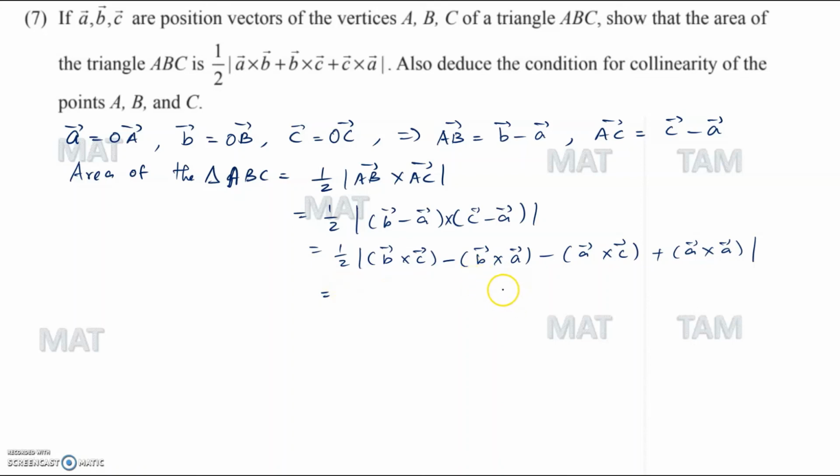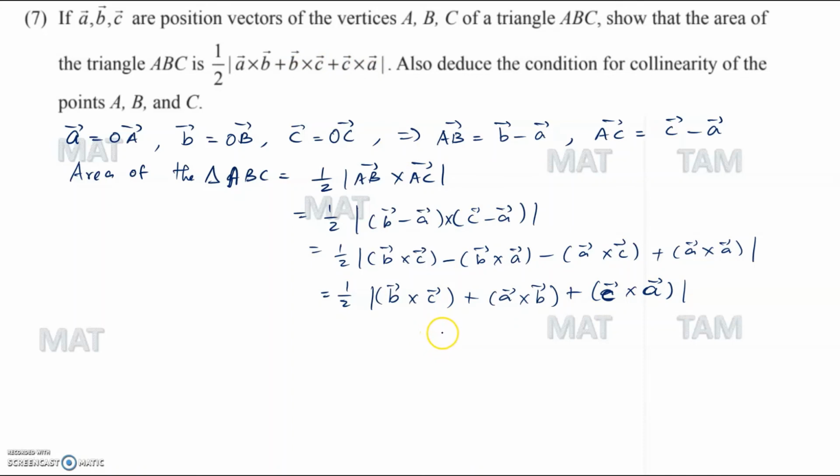Simplifying it, this will become plus A cross B, and this will become plus C cross A, and A cross product with A will be 0. So you will get half of B vector cross product with C plus A vector cross product with B plus C vector cross product with A, which is our right hand side. So hence the first part is proved.